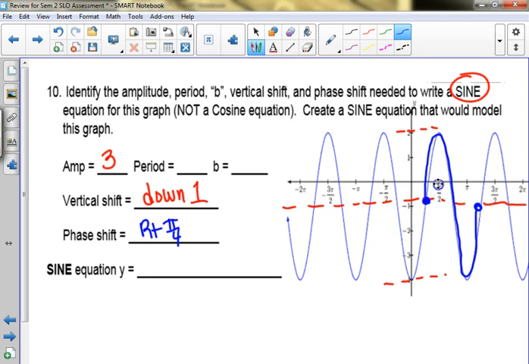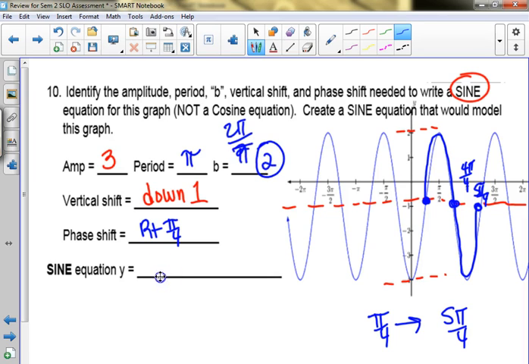Yes, 1 pi over 4, 2 pi over 4, 3 pi over 4, 4 pi over 4 here, 5 pi over 4. If it went to the right pi over 4 all the way to 5 pi over 4, how long was that? Pi. Which makes B 2 pi over pi, or 2.